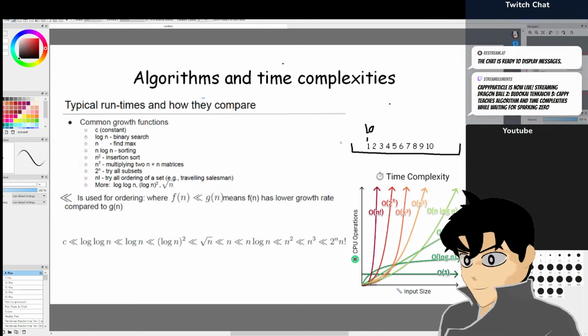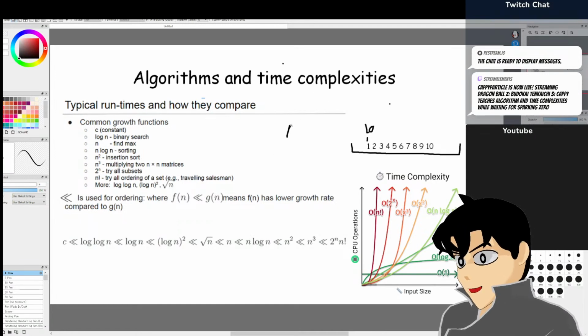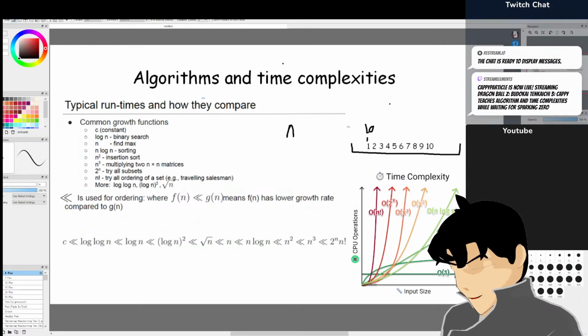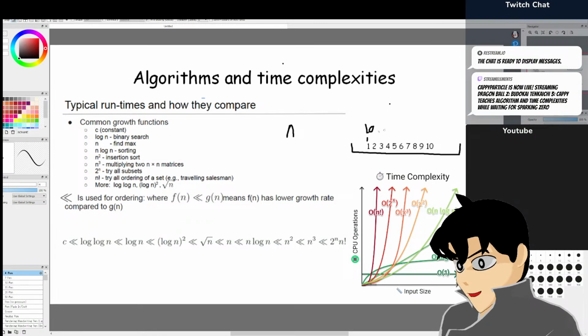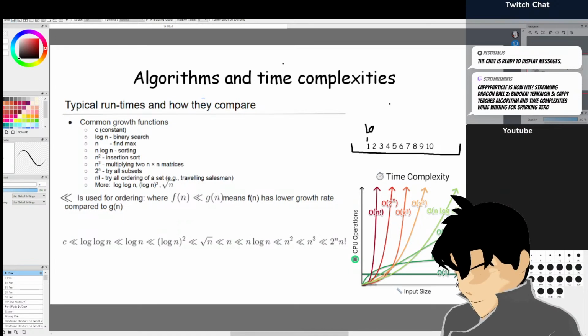I mean, technically it's actually n log n plus n. But in that case, n log n dominates over n, so you can just get rid of that. So it just becomes n log n.